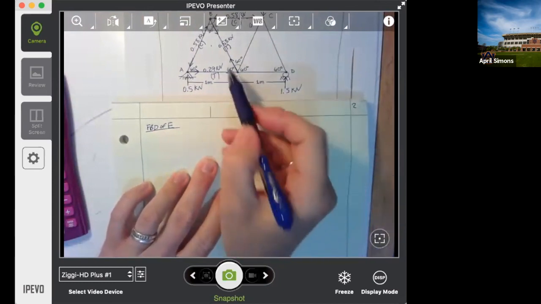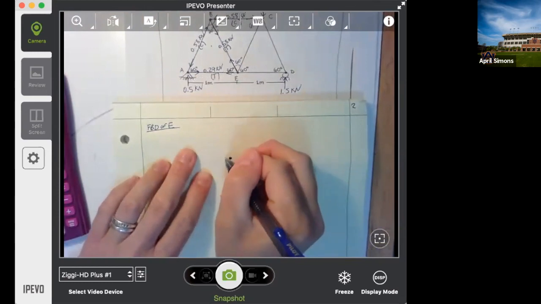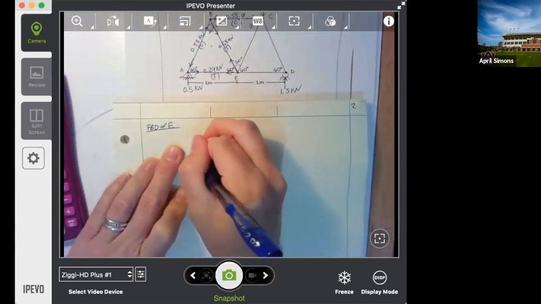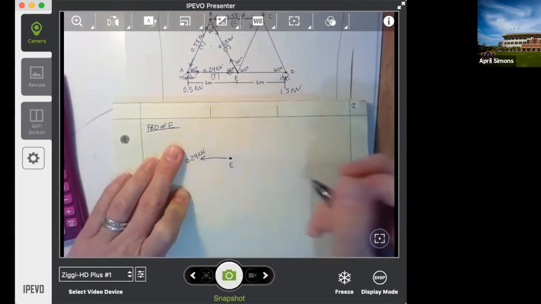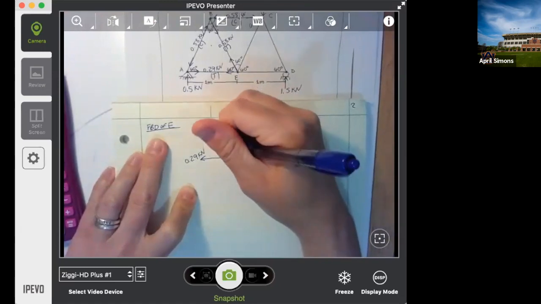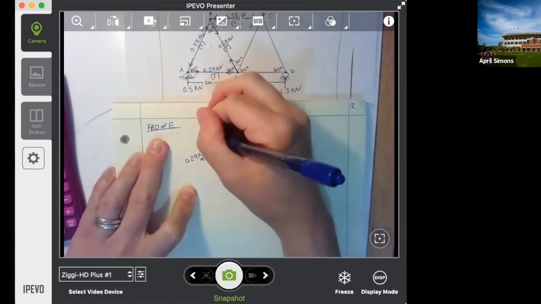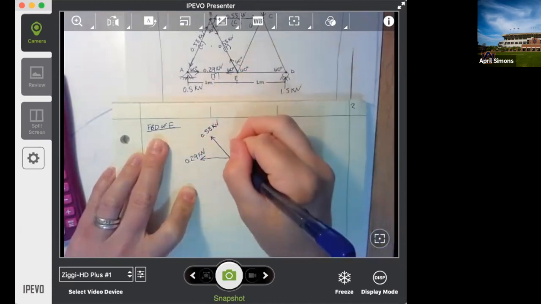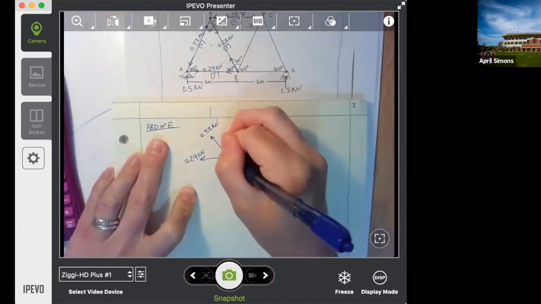Okay, so we have EA, which we've solved for. We know that's in tension. So we'll show this 0.29 kilonewtons, EA. We know that EB is also in tension. So we'll draw that here, 0.58 kilonewtons. Know that the angle between them here is 60 degrees.